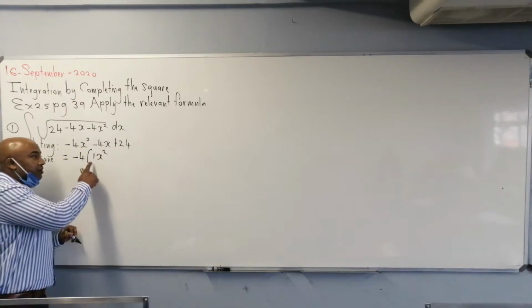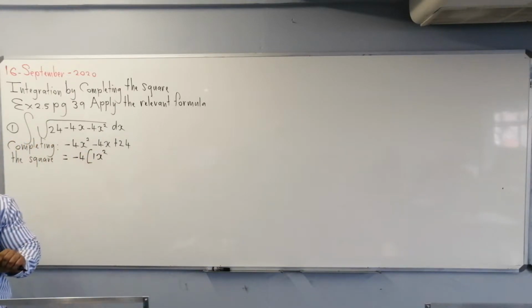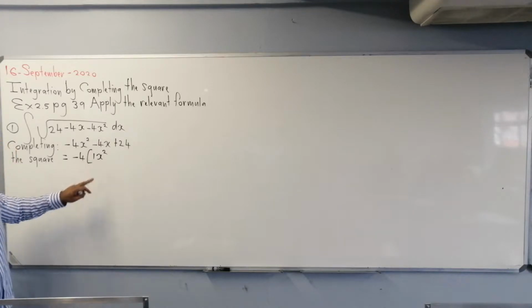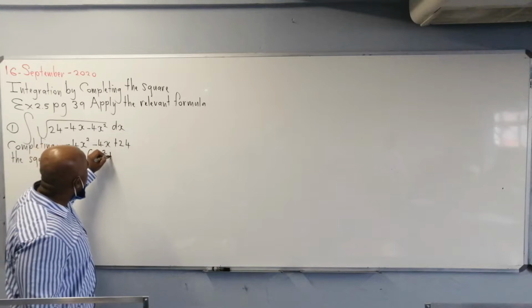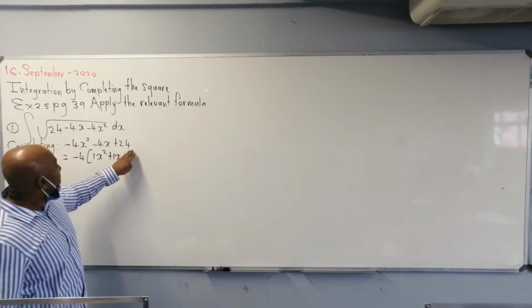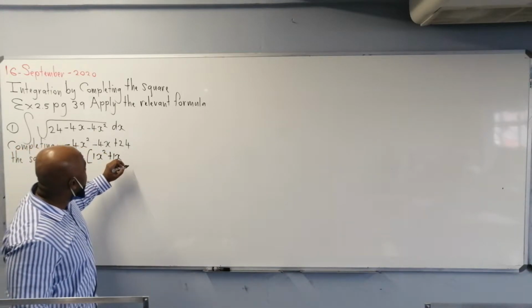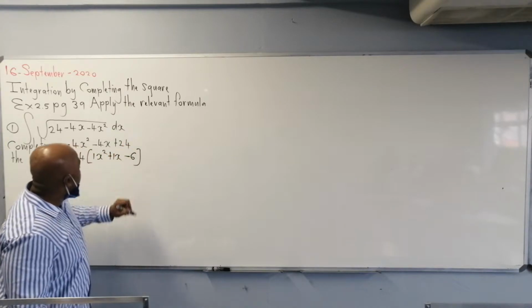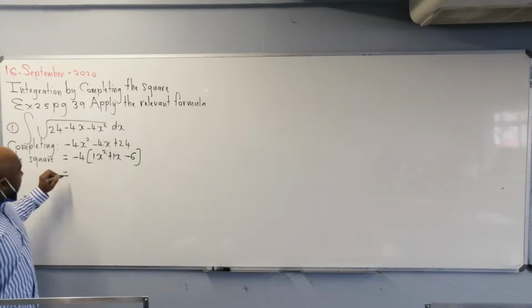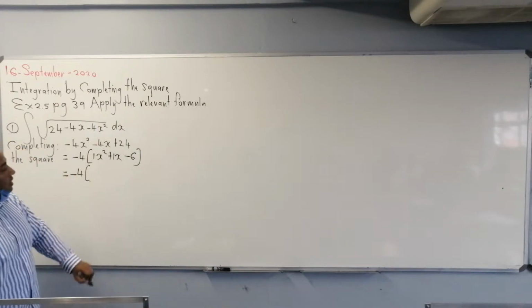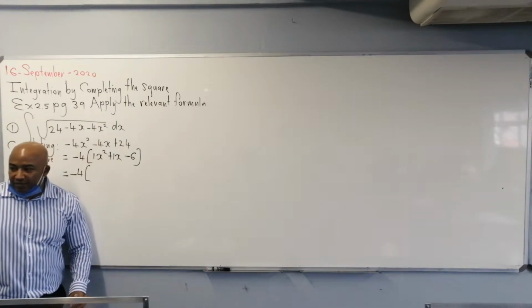And that's what we want. We always want the coefficient of x squared to be positive 1. Here minus 4 divided by minus 4, again positive 1. And then we have 24 divided by minus 4, which is minus 6. Right, so now that's just taking out a common factor.